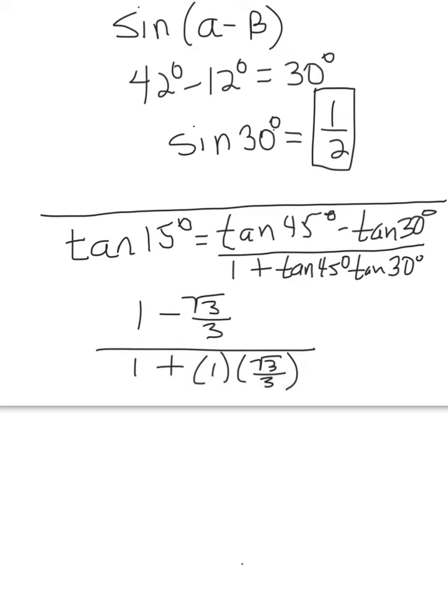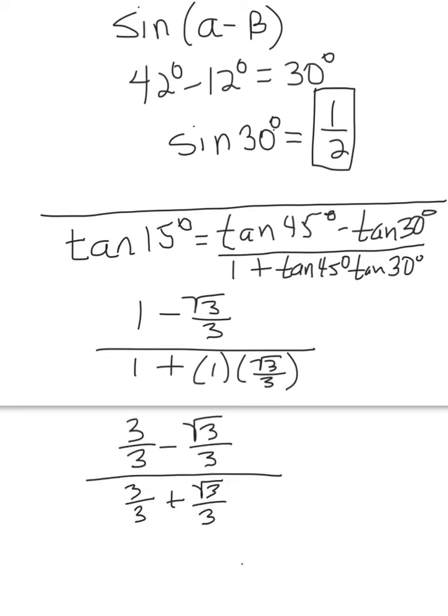Okay, so we have 1 minus root 3 over 3 over 1 plus root 3 over 3. Now we have to simplify this. Here you can see I've changed my 1's to 3 over 3, so we have a common denominator and we can combine these.